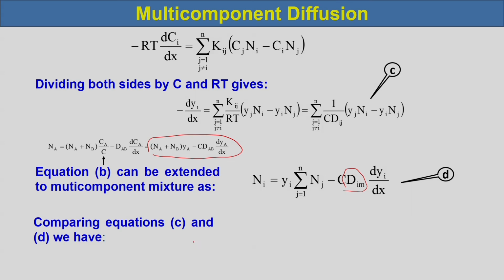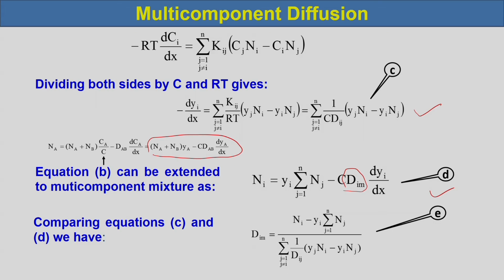Now, comparing equations C and D, we can write D_im equal to (Ni minus Yi times the summation over j equal to 1 to n of Nj) divided by the summation over j equal to 1, j not equal to i, to n of 1 by D_ij into (Yj Ni minus Yi Nj).